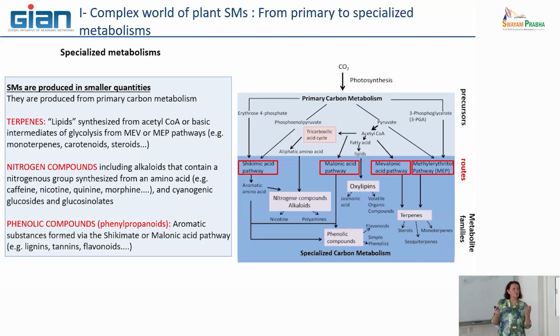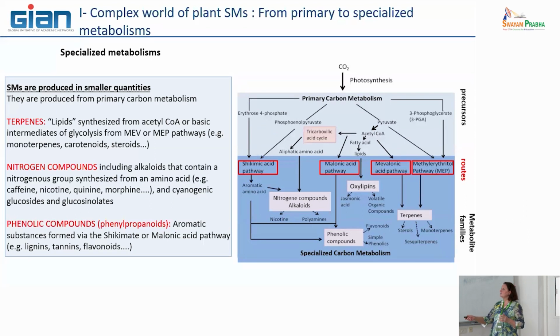It is just to show you that there are only 4 really important pathways that we need to know, because all of these pathways, alone or in combination, lead to the 3 types of metabolic branches leading to specialized metabolites.